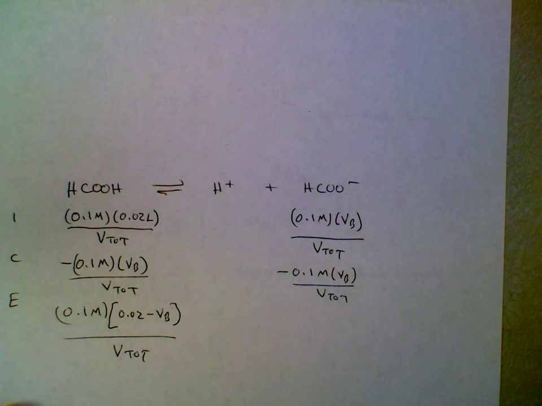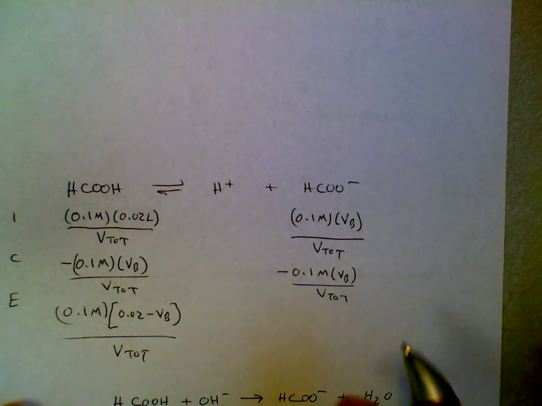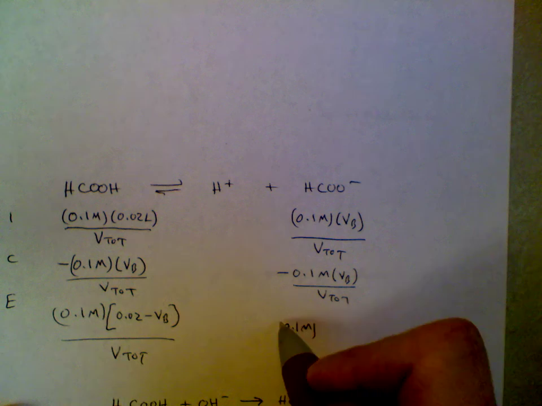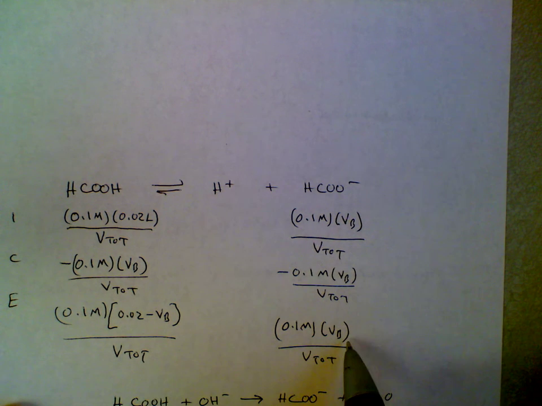We used some of it up when we reacted it with the base. However, remember that when you react an acid with a base, the reaction is going to be forming the conjugate base, and in this case water. So we're actually reforming some formic acid, or formate in this case, and it will just be how much we actually reacted. So it's going to be 0.1 molar times VB over V total. These are the equilibrium expressions that we should plug back into our equation.